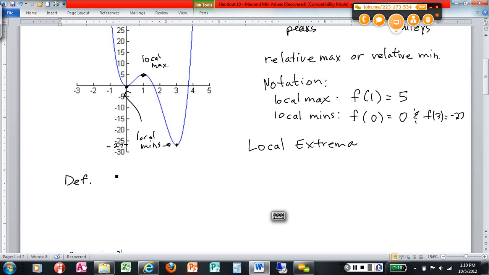The definition of a local max and a local min is this.